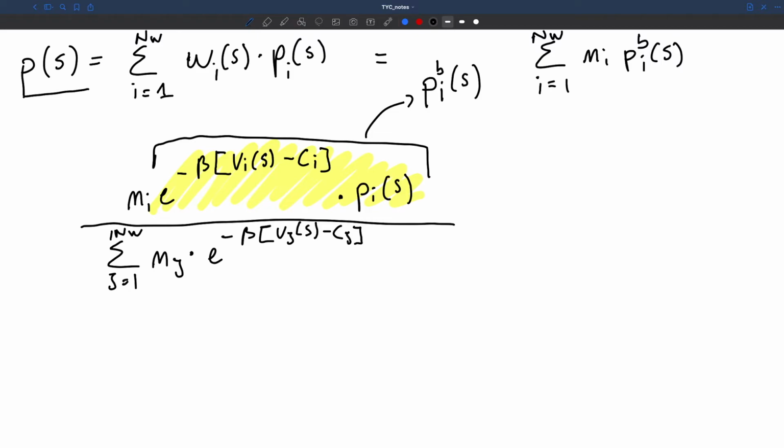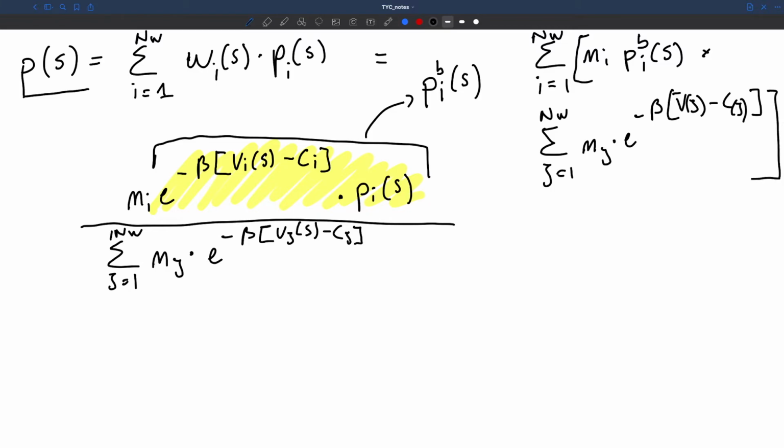So the number of samples from window i multiplied by the bias probability density in window i as a function of s, multiplied by the denominator, the sum of nj Bj, Cj, all to the minus 1.